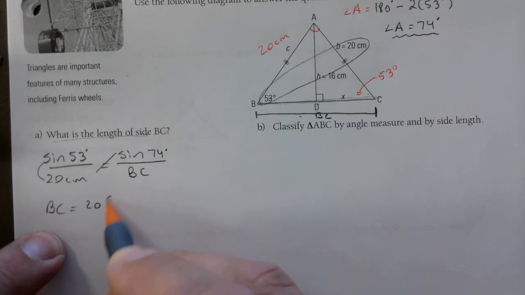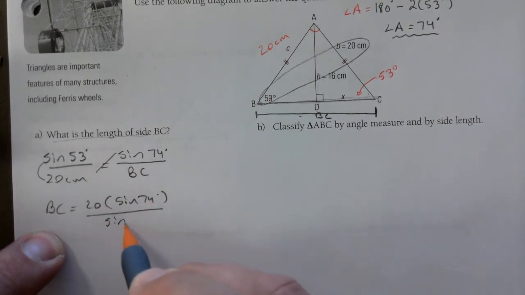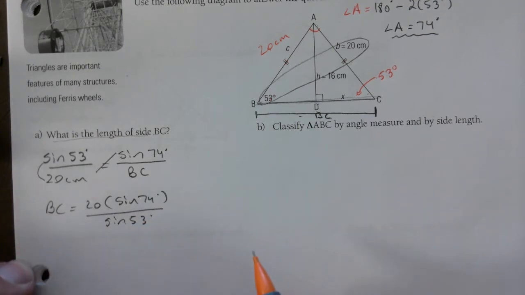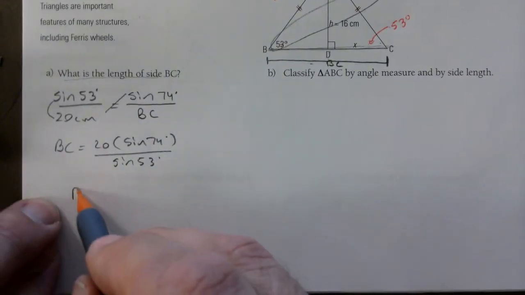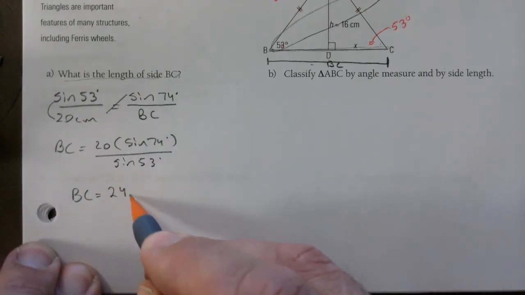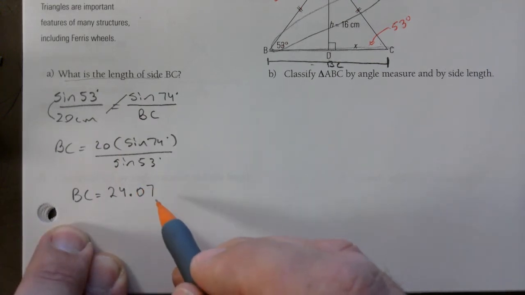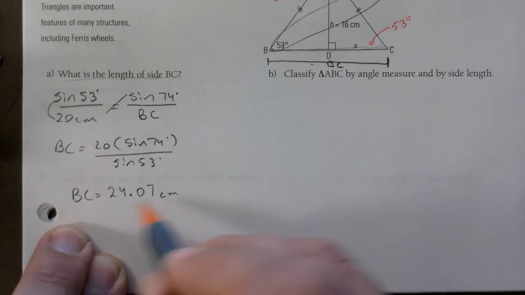BC is equal to 20 times sine of 74 divided by sine of 53. And so we go and find that out. It's 24.07, and we are in centimeters.